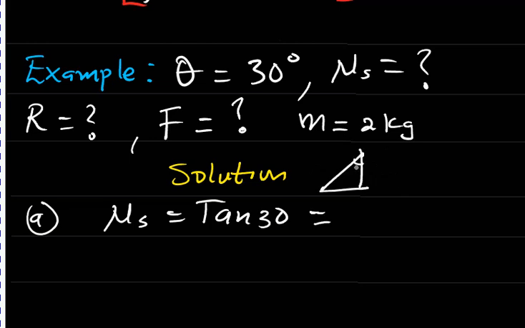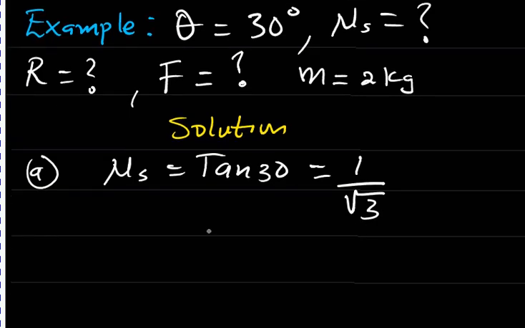So this is 30, this is root 3, this is 2, and this is 1. Tan 30 being opposite over adjacent. Opposite of 30 is 1, adjacent is root 3. So tan 30 is 1 over root 3.